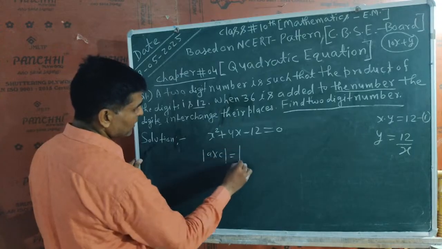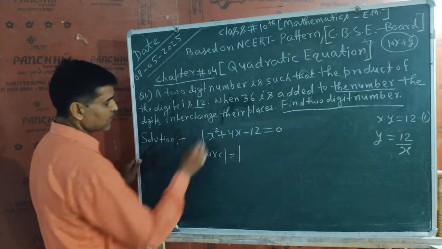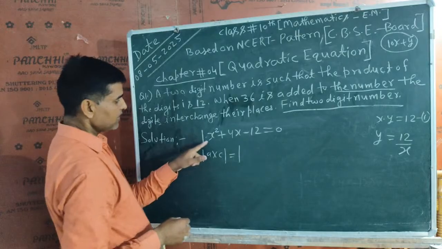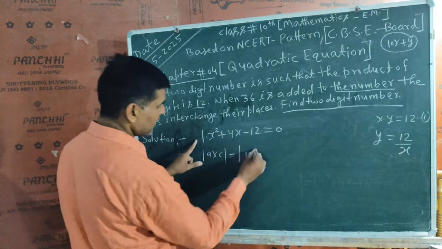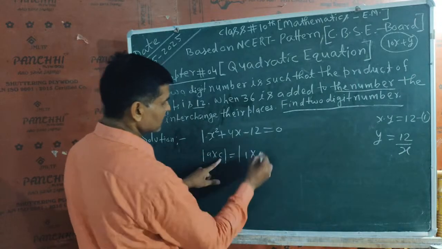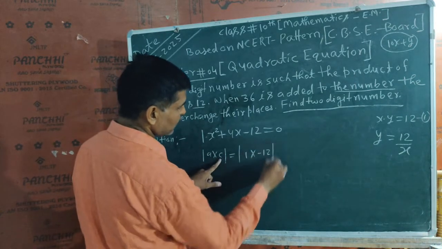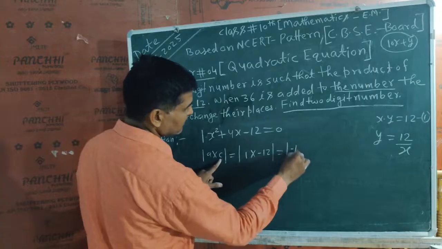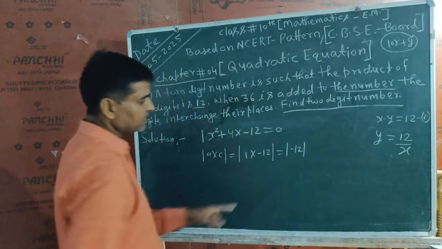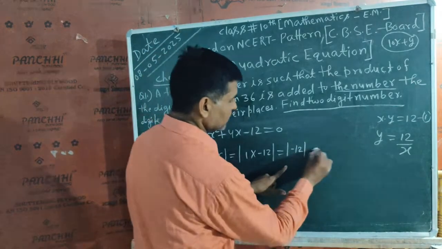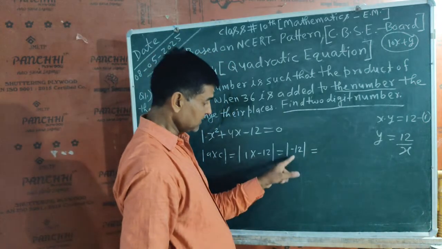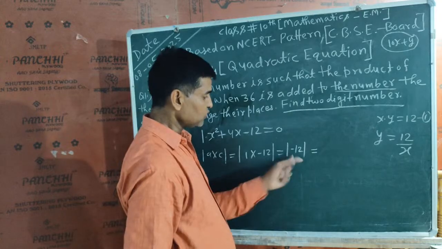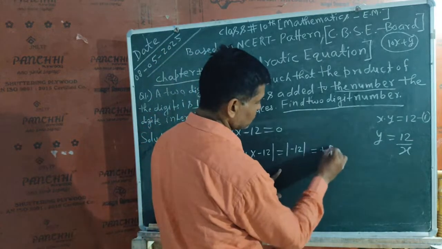The coefficient of x square is 1 and c is the constant term, that is minus 12. So after multiplication I will write in the modulus sign minus 12, and the concept of modulus is that it will put a plus sign here. So that will be 12.